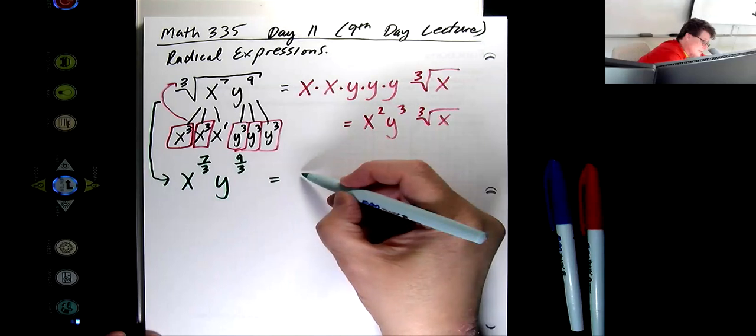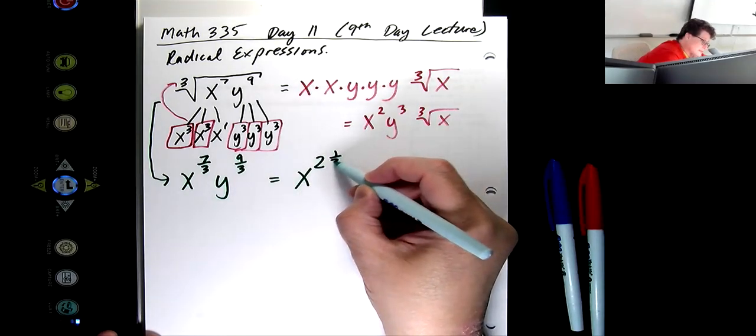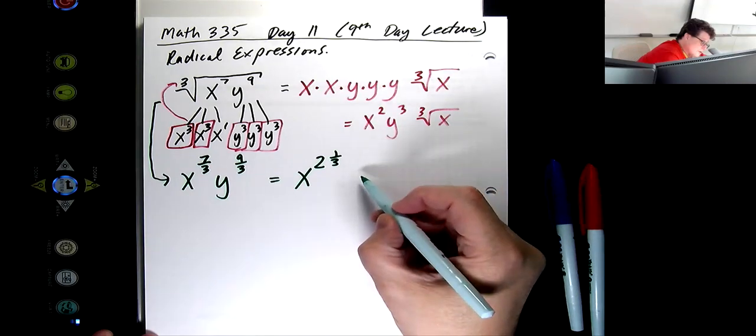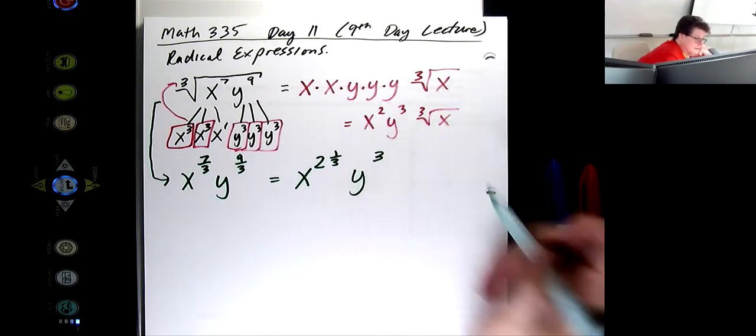Seven divided by 3 is 2 1/3. Y with 9 divided by 3 is just 3.